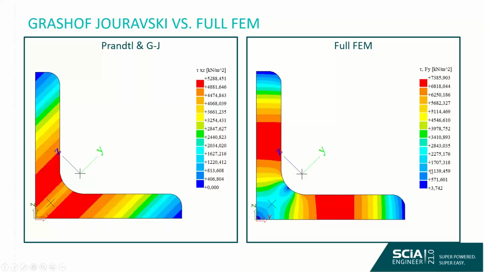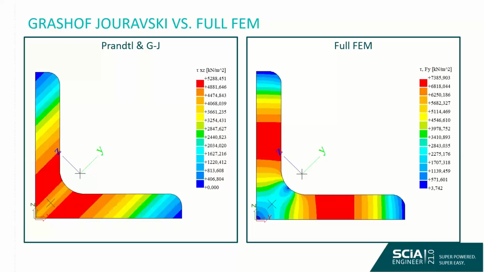Where does full FEM come into play? Well, of course, as I told you, Grasov-Juravsky was very good for symmetrical sections and no large openings. So if we look at an asymmetrical section, we see where the simplified method goes in the wrong direction. We see here full FEM having a very, very different value for the peak stress compared to the Grasov-Juravsky method.